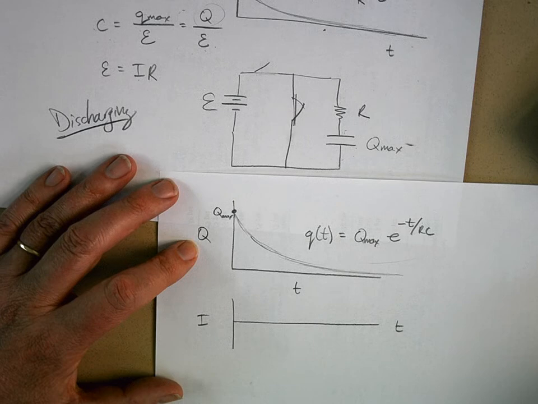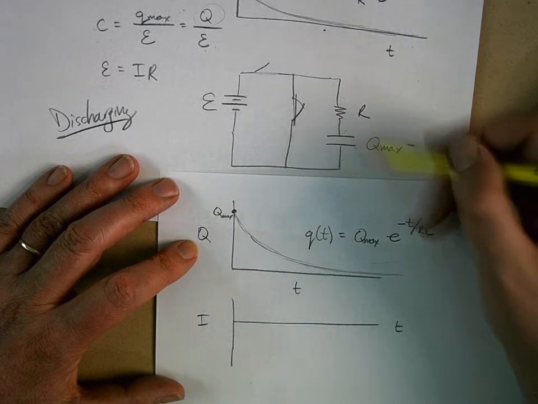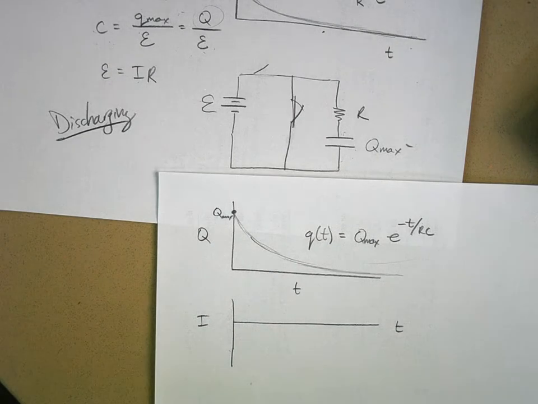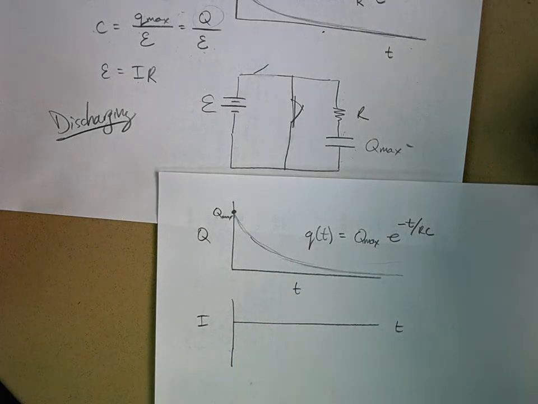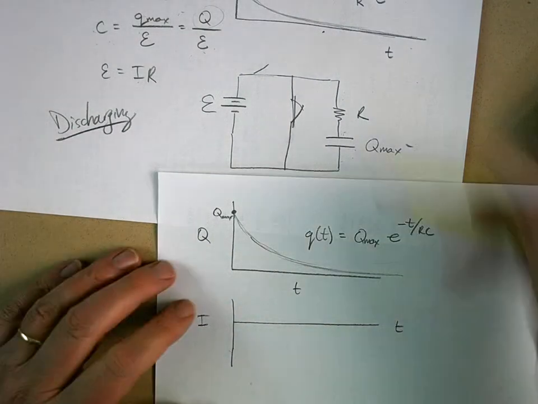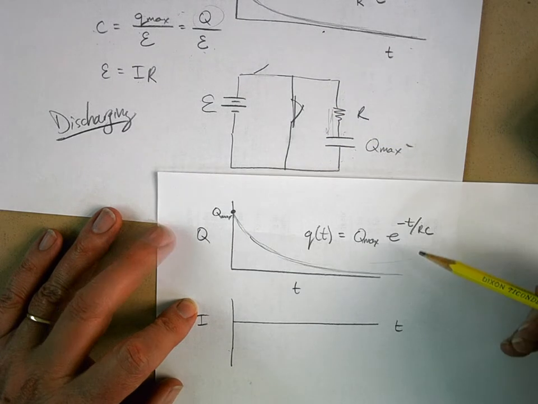But notice that when it discharges, current is leaving the capacitor. When a current leaves something, we call that a negative. See, here the current was positive, right? It's coming in, but when it's leaving the capacitor as it's discharging, that's negative.